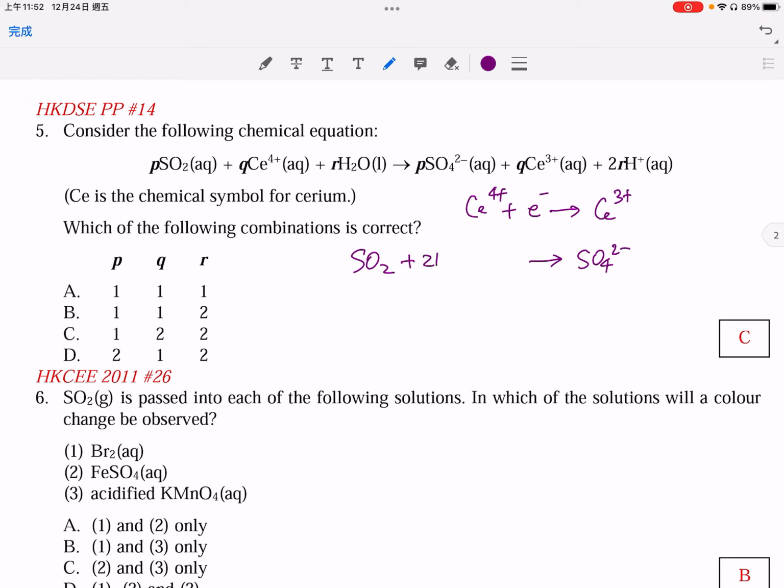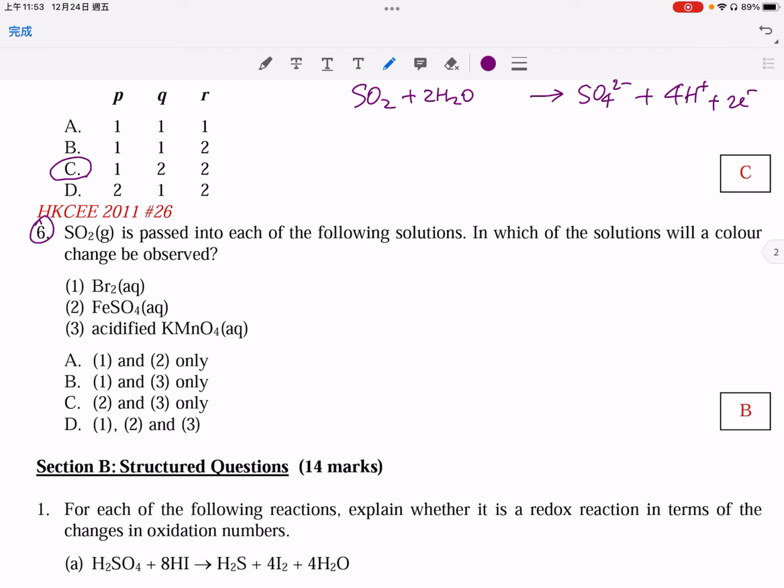You add 2H2O here, and then you add 4H+ here, and then 2 electrons here. From the two half equations, you notice that you need to multiply this by 2. Therefore, later on, Q here should be 2. So from the options, you can quickly determine that the answer is C.